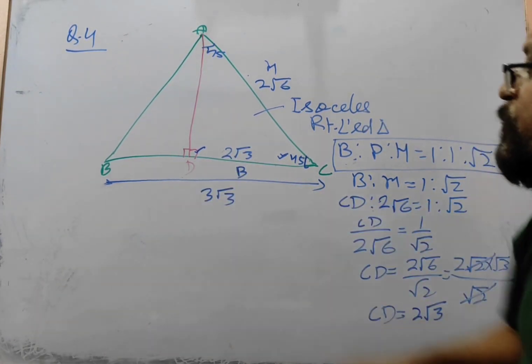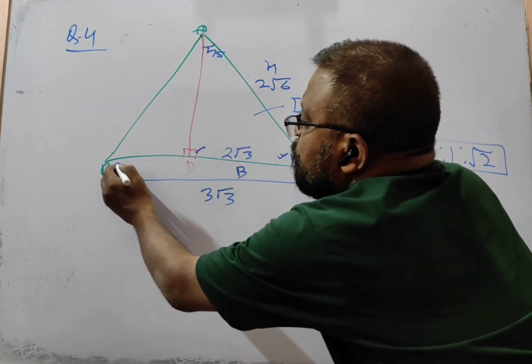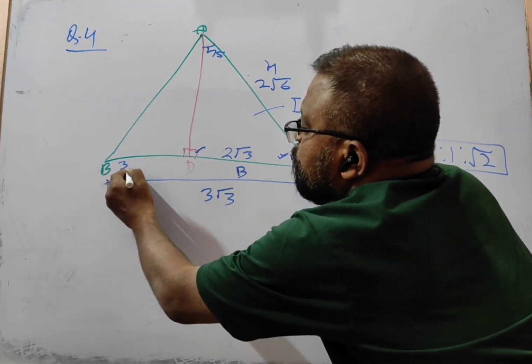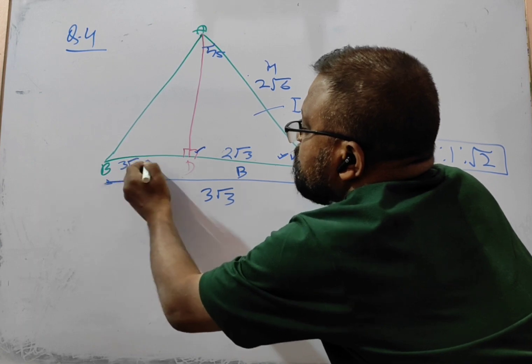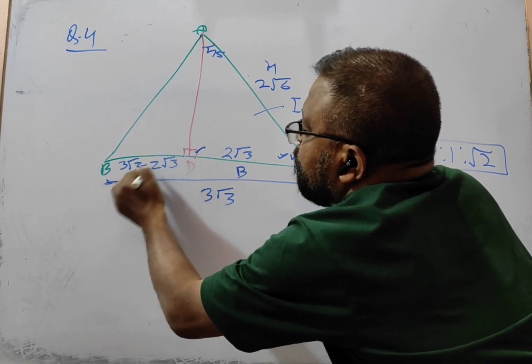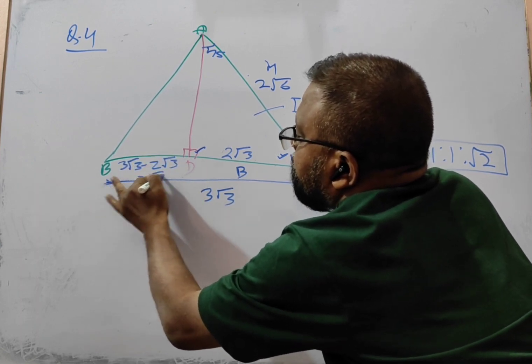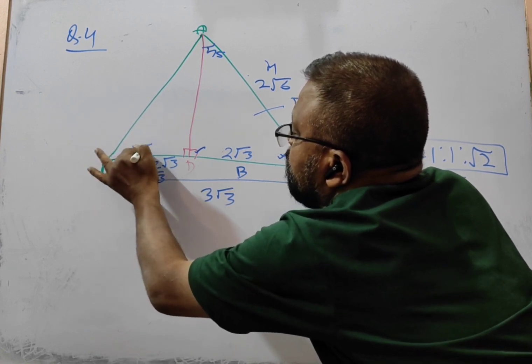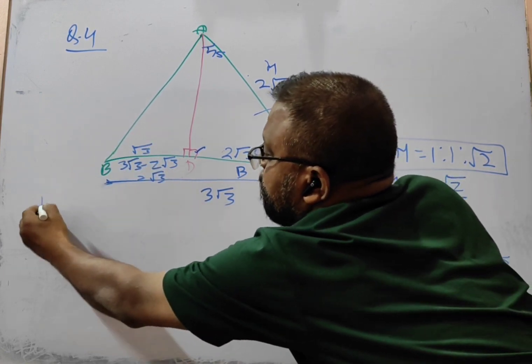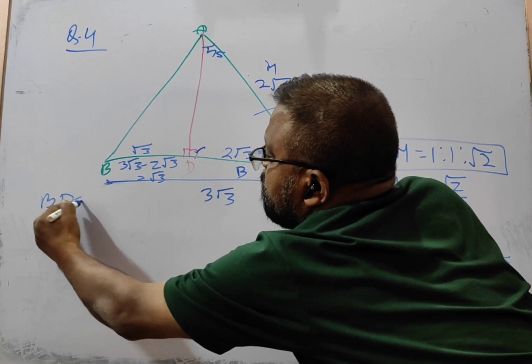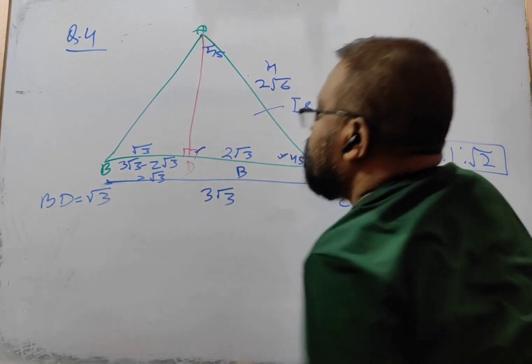So 3 root 3 minus 2 root 3 becomes root 3. So this side is root 3. BD is root 3. Fine.